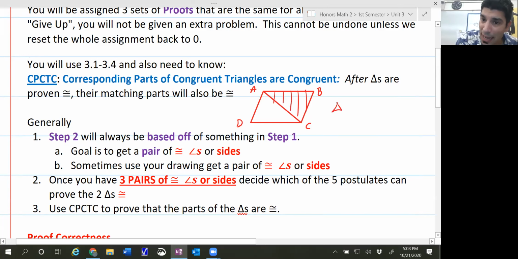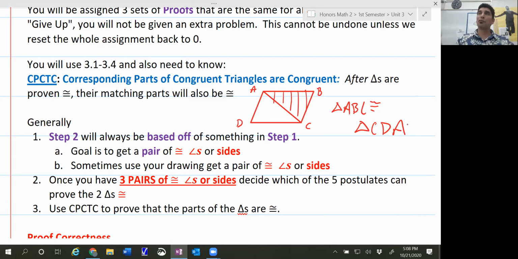if I say triangle ABC is congruent to triangle CDA, A, then B, then C, then C, D, A, just checking. If I say that the red triangle is congruent to the white triangle because I've proved it by angle, side, I used angle, side to prove that they're congruent.